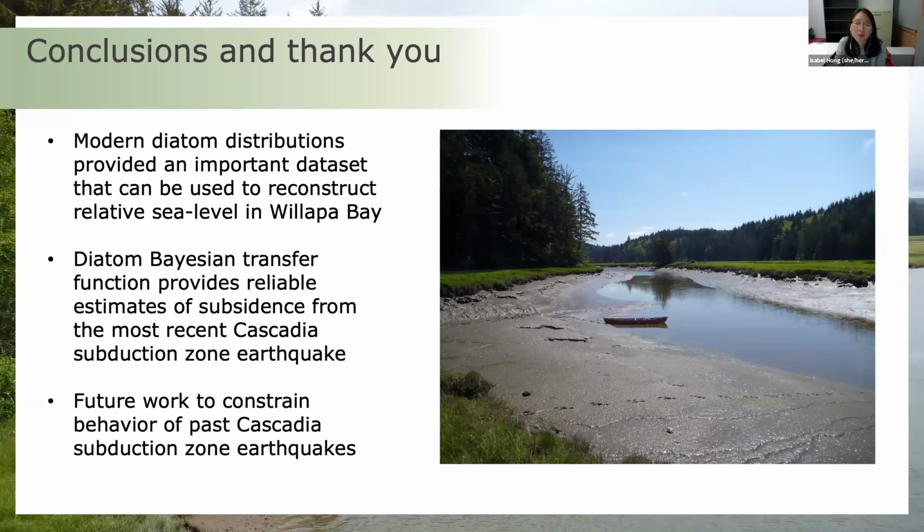So from a temporal standpoint, if we're able to go back a couple of thousand years and still see good modern analogs, I think there's a lot to suggest that it would be pretty applicable to the entirety of the Cascadia subduction zone, that a lot of those species we're seeing are going to be useful in reconstructing land level change across the Cascadia subduction zone. That's something I'm currently working on testing now. And then future goals would be maybe seeing if we can apply that to other subduction zones.